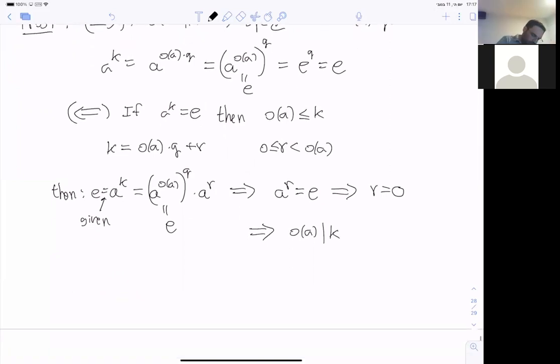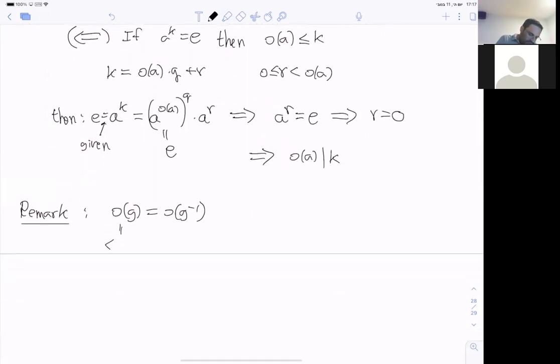By the way, I will write it as a remark. Of course, always OG equals O of the inverse of G. I mean, always the order of an element equals the order of its inverse. Why is it true?